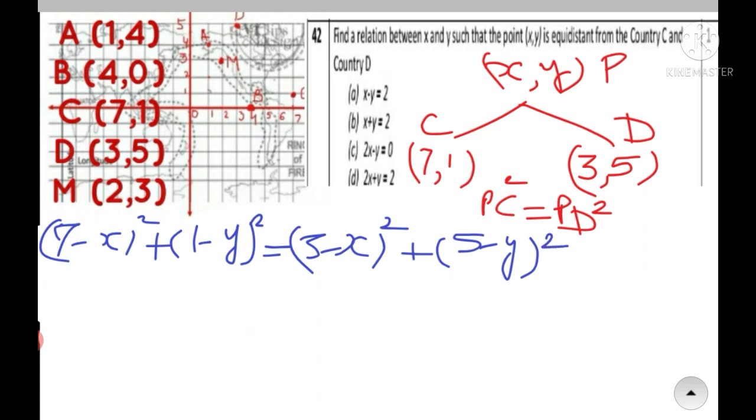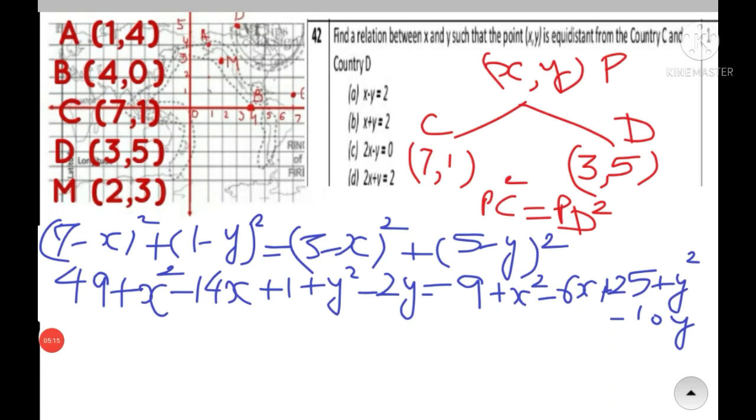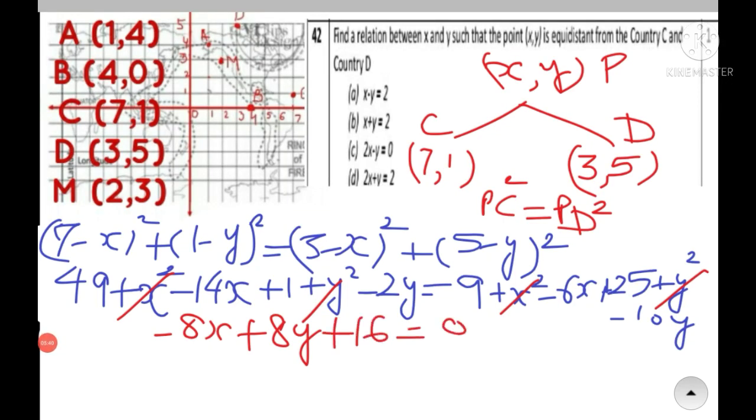We have done this formula in the previous question. Let's open the whole squares. I get this expression, and on further simplifying, x square and y square get cancelled. I am left with minus 14x plus 6x, that is minus 8x, and minus 2y plus 10y is plus 8y, and the constant term becomes 50 minus 34, that is 16, equal to 0.